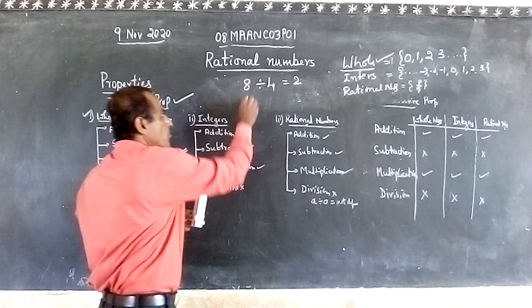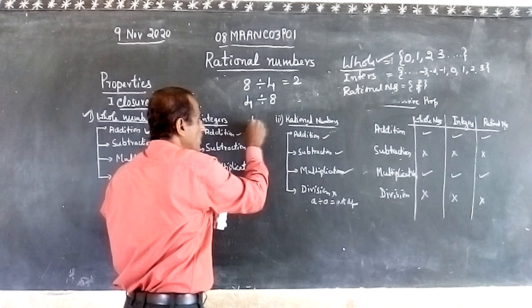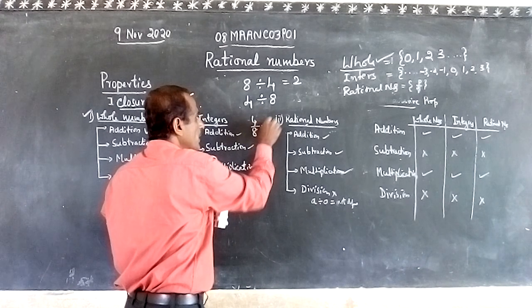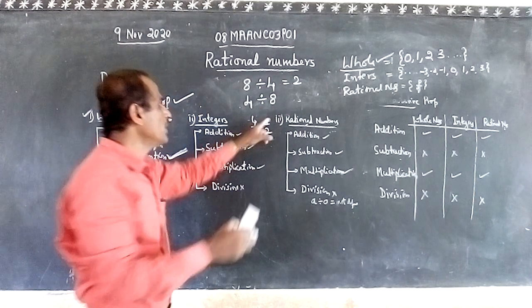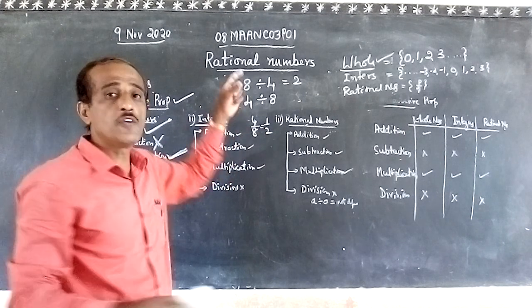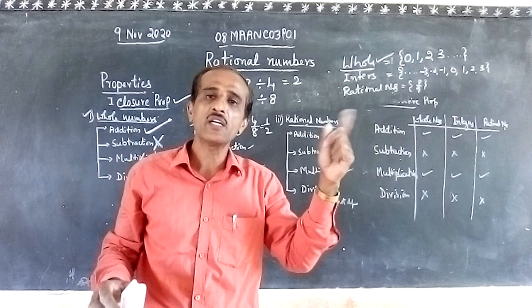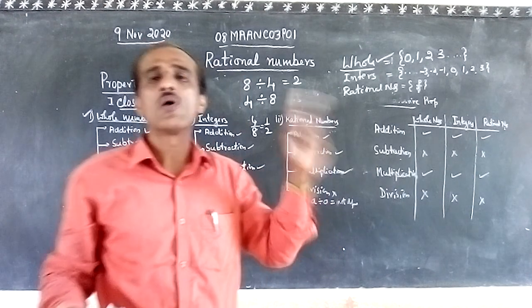But 4 is a whole number. If you divide it by 8, what is the answer? 4 divided by 8 is equal to 1 divided by 2 if you simplify, or 0.5. But 1 by 2 is not a whole number. If you divide any two whole numbers, the quotient may or may not be a whole number.